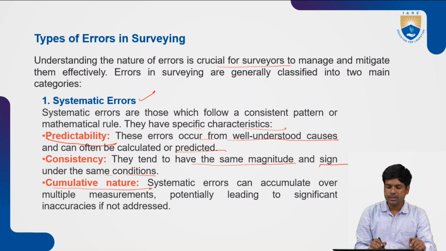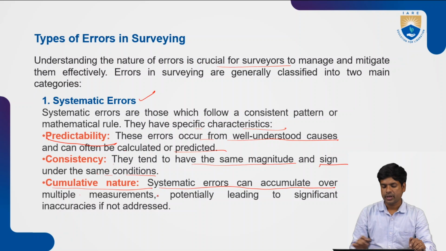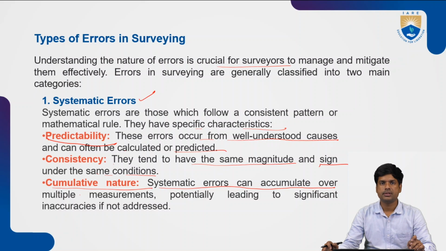And cumulative nature means the systematic errors can accumulate over multiple measurements, potentially leading to significant inaccuracies if not addressed. These particular errors must be addressed in the surveying so that we can get accurate results. Otherwise, they are going to give wrong results.